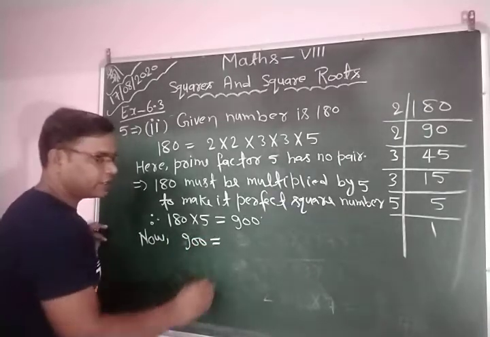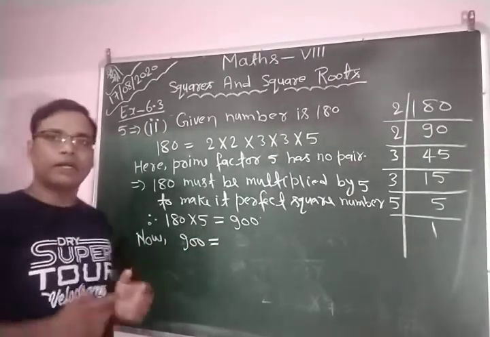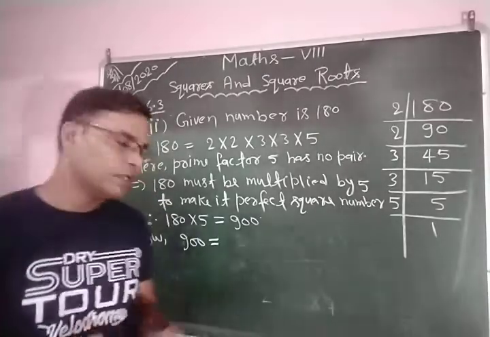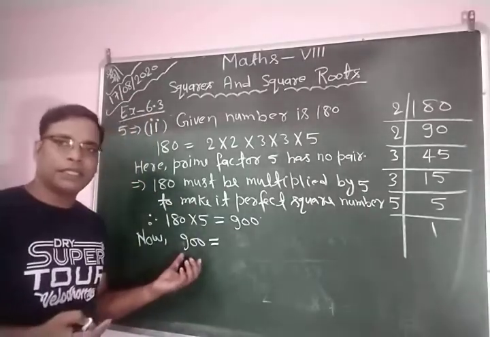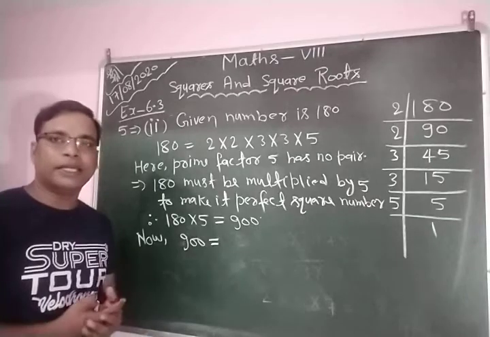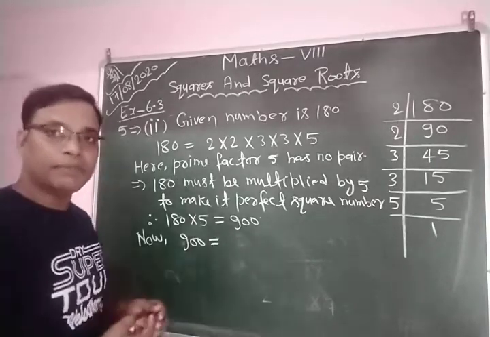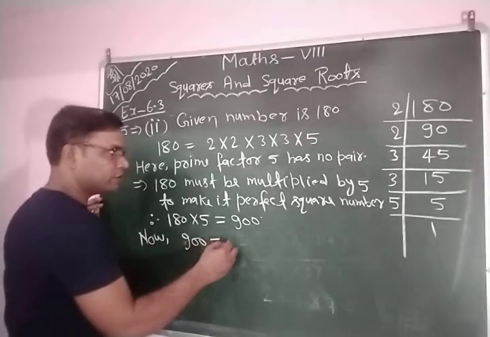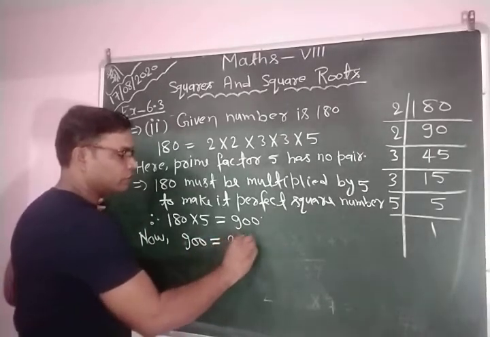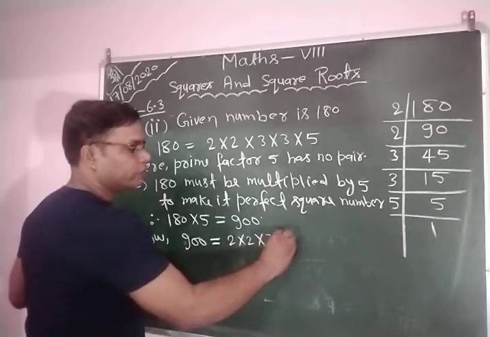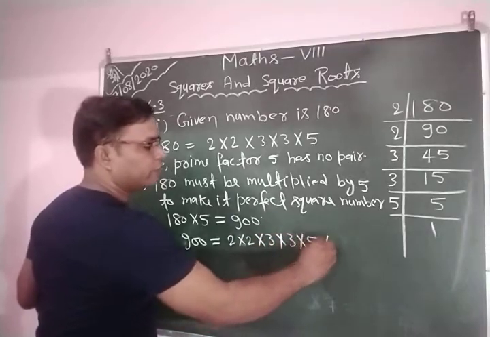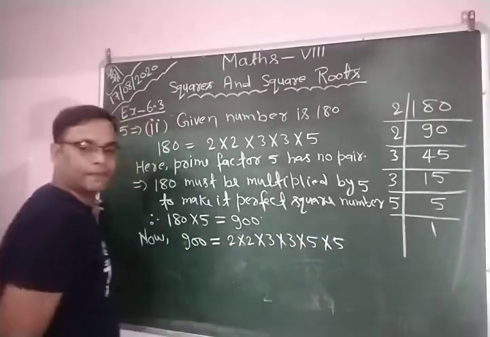So first we find the square root by the prime factorization method. First we write the new number, 900, as a product of prime factors. So this becomes 2 into 2 into 3 into 3 into 5 into 5.